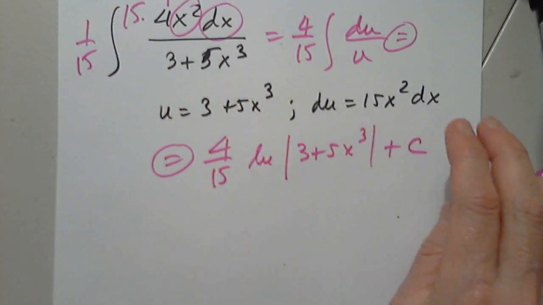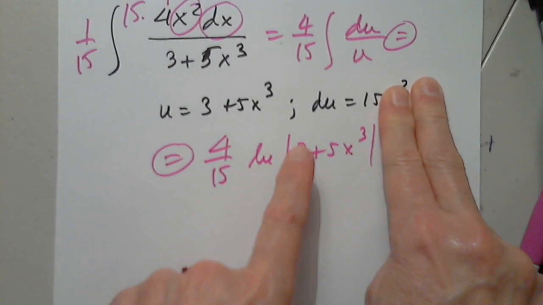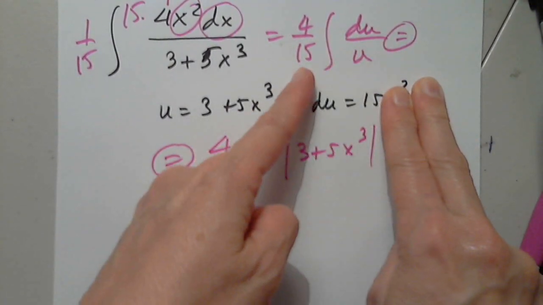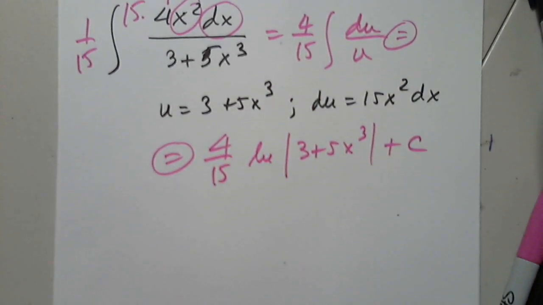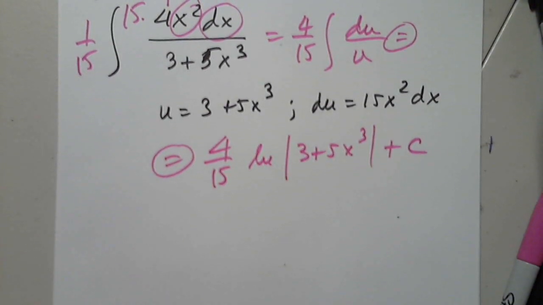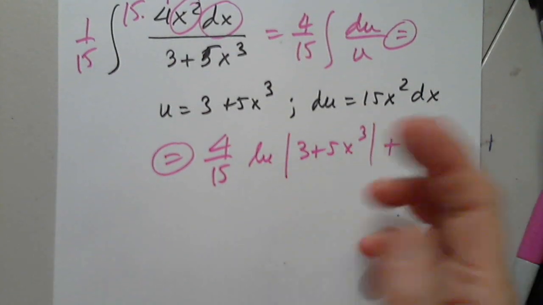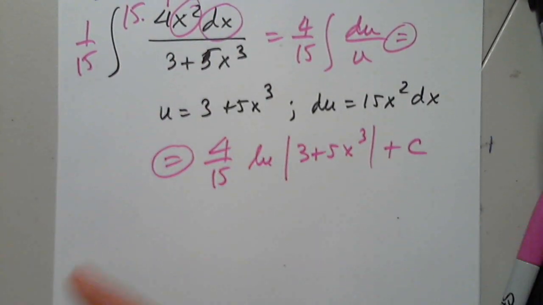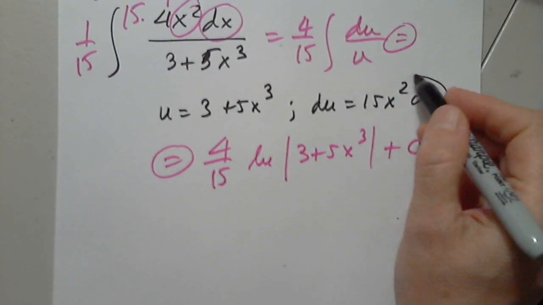So another way would be to solve for x squared dx. X squared dx is du over 15. It doesn't matter how you do it. When it comes to a factor, I prefer multiply and divide. It's much easier. But you can solve for x squared dx.